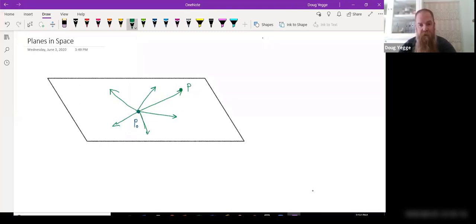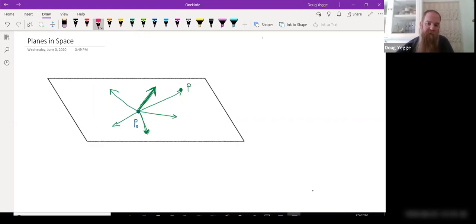This one right here might be pointing down below the plane, and this one right here might be pointing up above the plane. So if we have a vector in the plane, it's difficult for us to tell what the equation of the plane is going to be.